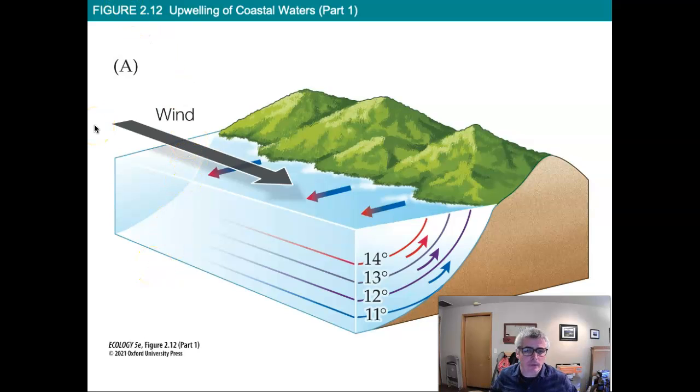Water's moving to the right. As you look at the graph, water's actually moving to the left, but imagine yourself as the wind. Face yourself at the U.S.-Canadian border and look towards Washington. With wind to your back, it's a northern wind, coming from the north, moving to the south.